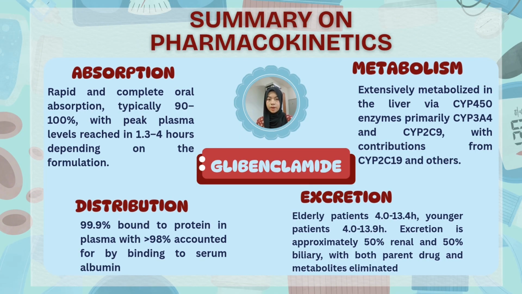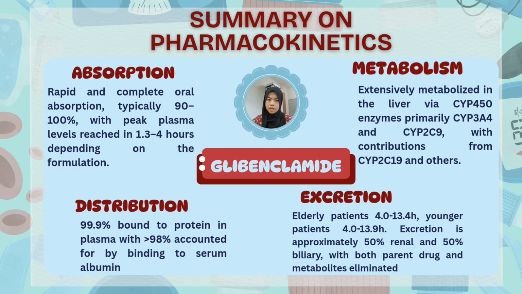Next, the summary of pharmacokinetics for glibenclamide. First, absorption. Glibenclamide has rapid and complete oral absorption, typically 90 to 100%, with peak plasma levels reached in 1 to 4 hours. Next, for distribution, glibenclamide is 99.9% bound to protein in plasma, with more than 98% accounted for by binding to serum albumin.